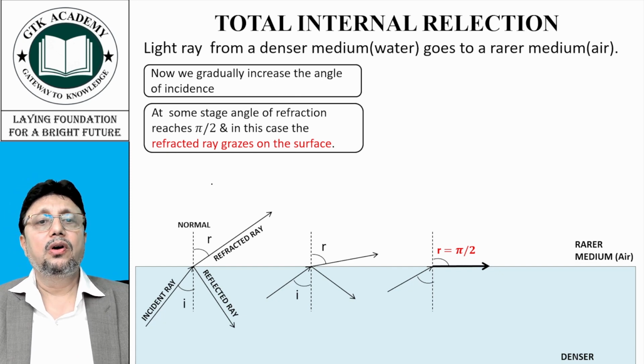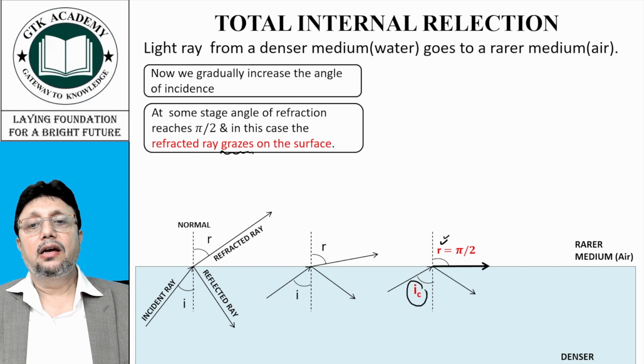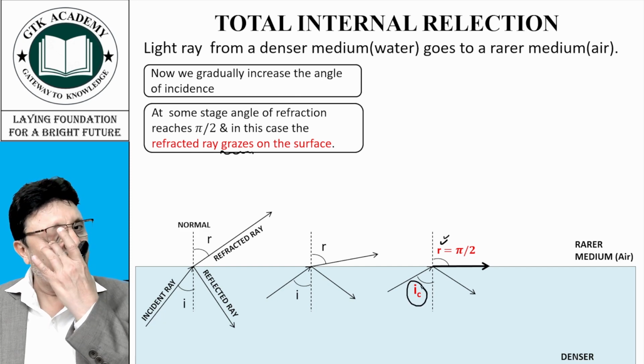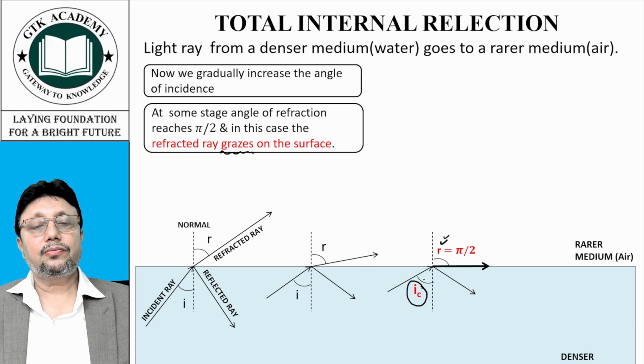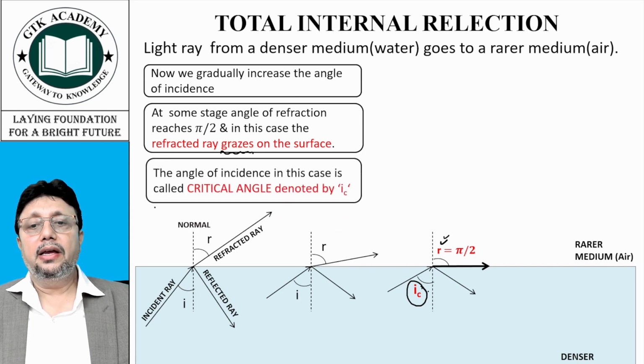You must have read this term, grazing. We say cattle are grazing on the field. So when the angle of refraction becomes 90 degrees, at that time the angle of incidence is called IC, that is the critical angle, right? This is denoted by IC.